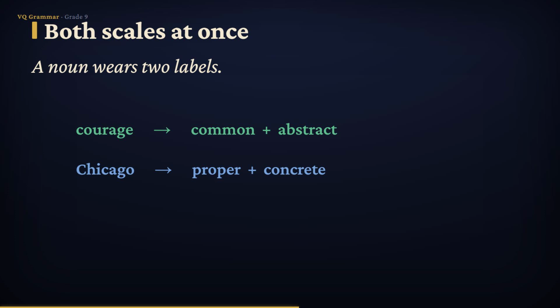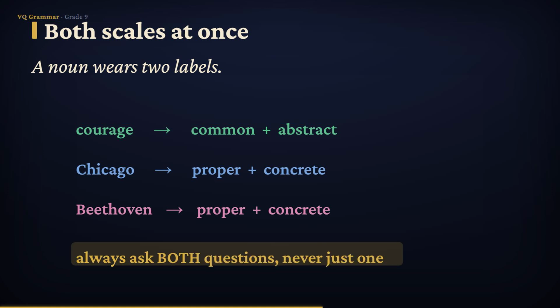And you can walk right through it, so it's concrete. Proper and concrete. Beethoven, a particular person, so proper, and a man you could have heard and seen, so concrete. The lesson is simple. Always ask both questions, never just one.